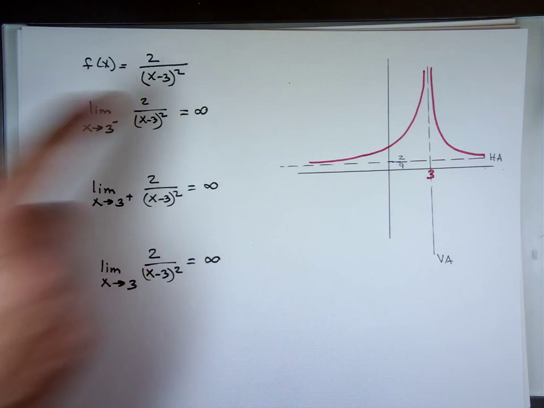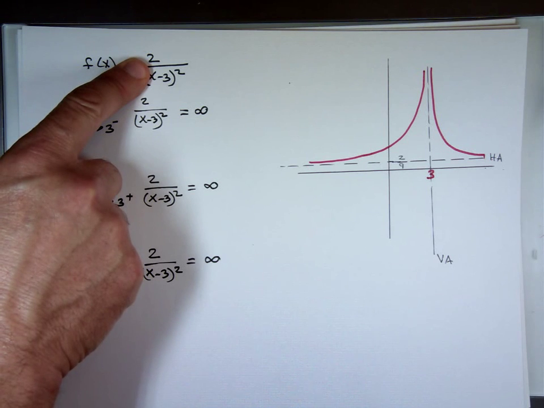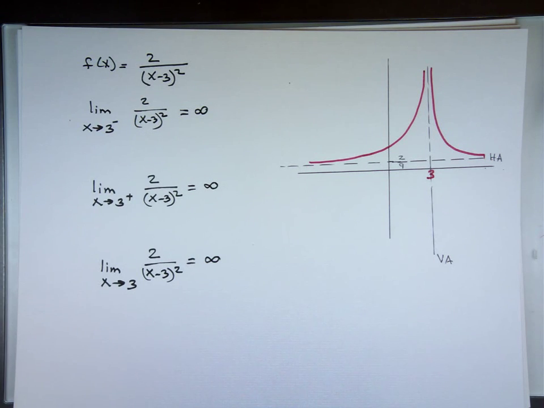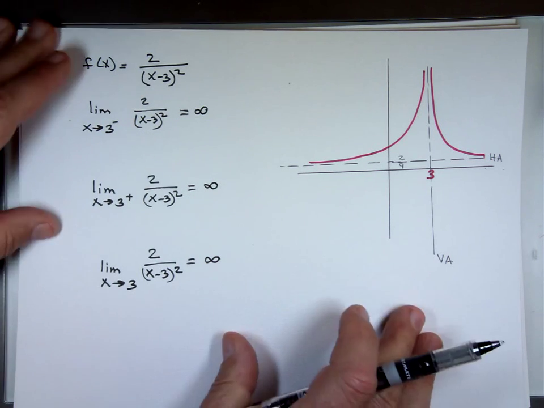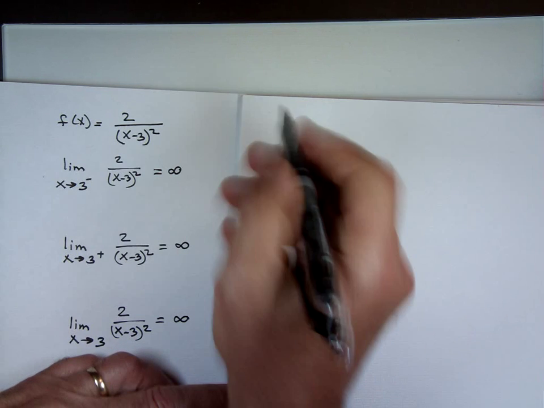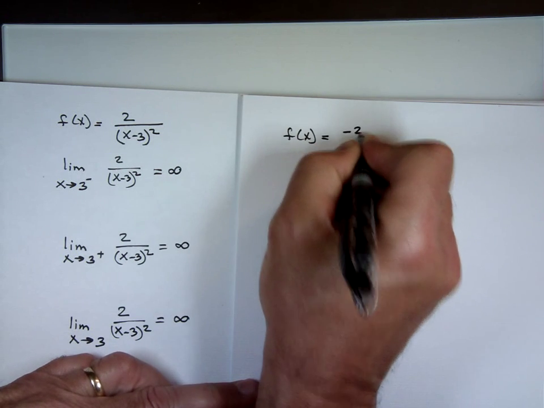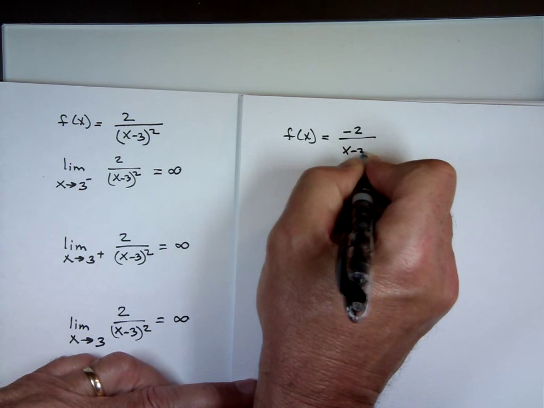One minor change to that, instead of 2 here, if I put negative 3, what will happen? What will happen if I change that problem now, instead of being positive, to negative 2 over x minus 3?